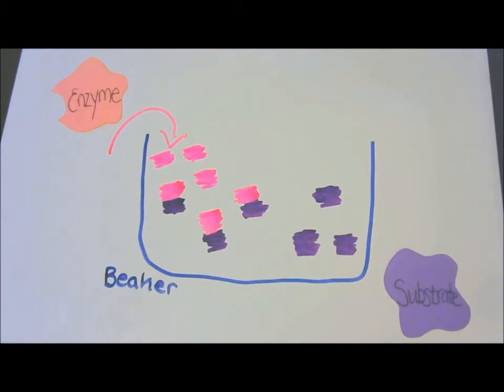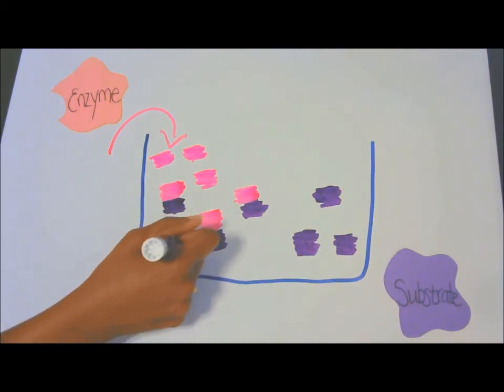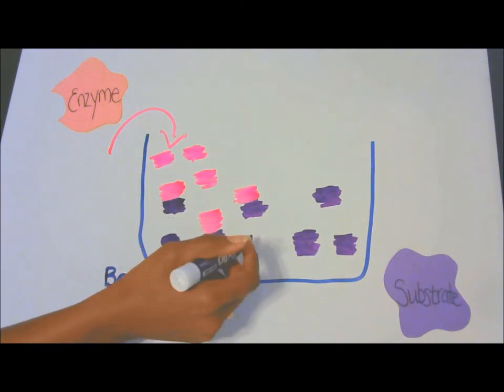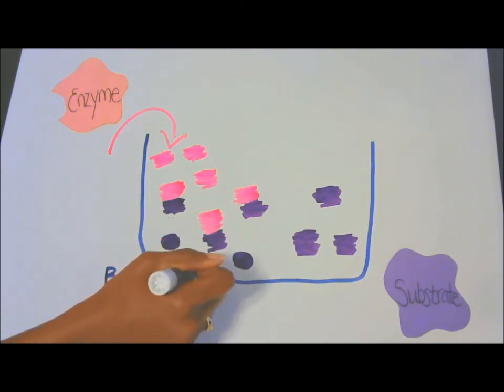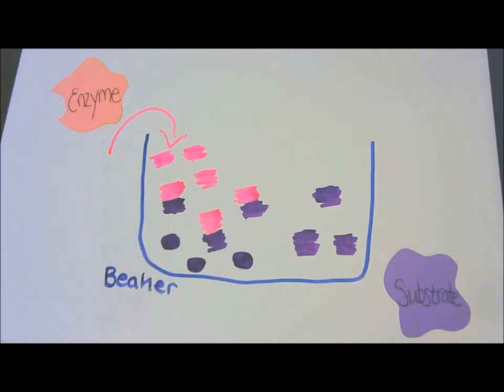Now after they're binding, the substrate alters its shape but the enzyme, its shape does not change. It binds to another substrate.